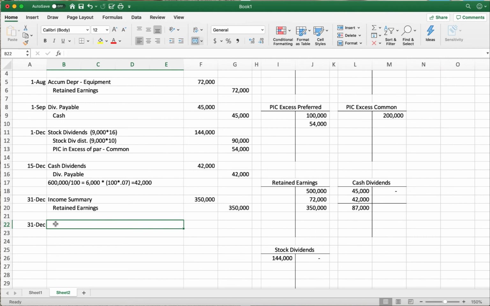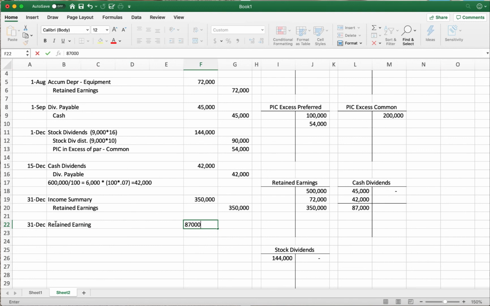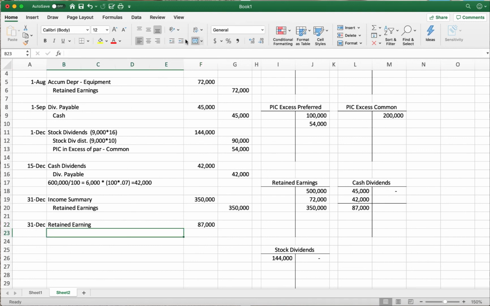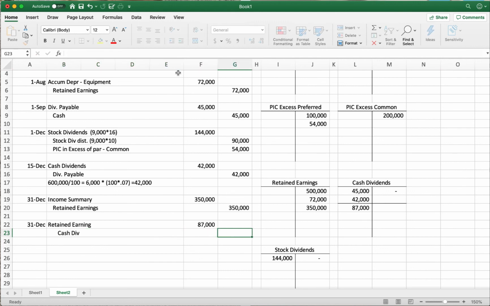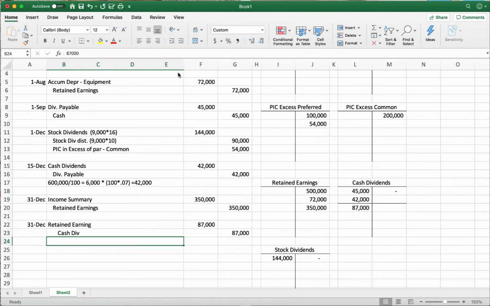So we need to debit retained earnings. Why am I debiting retained earnings? Because cash dividends, all dividends, decrease retained earnings. How do I decrease retained earnings? With a debit. So I'm going to debit retained earnings for the $87,000, and I'm going to credit the cash dividend account for the same amount, $87,000.